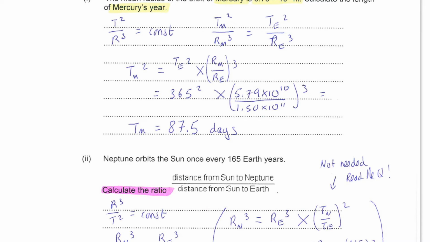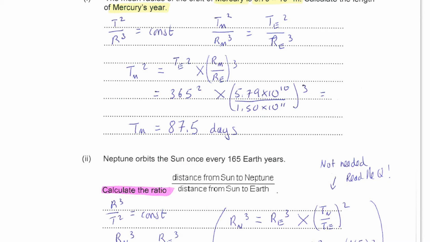But you also have to remember the cubed and the squareds. So you might be able to see that the time period for Mercury will depend on the time period for Earth, but we do need to square them both. And then that you would expect to multiply by the ratio of the radius of Mercury to the radius of Earth, and then cube that.